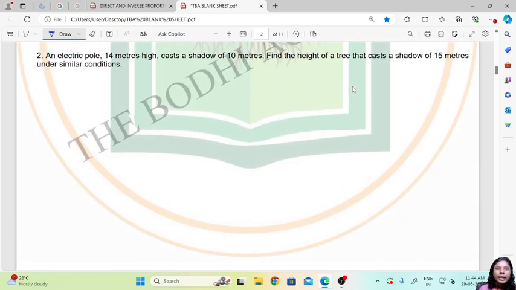Now say an electric pole is 14 meters high. So the height of the pole is how much? 14 meters. Okay, now it casts a shadow. So its shadow is how much? 10 meters. Find the height of the tree that casts a shadow of 15 meters.